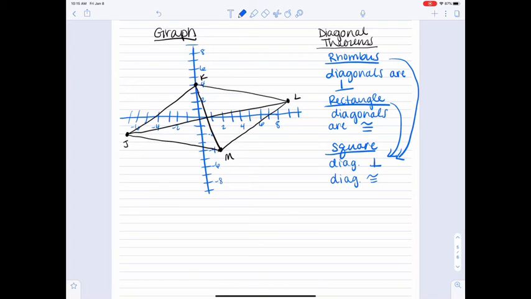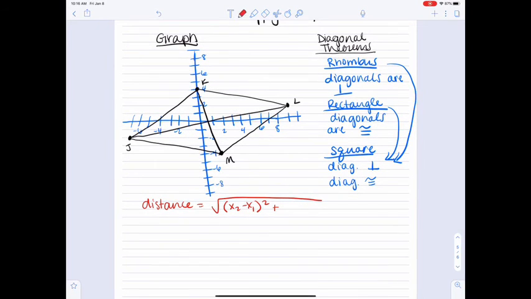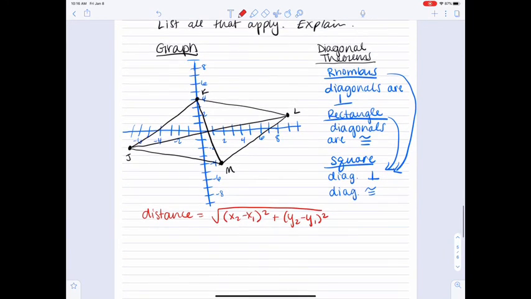Remember the distance formula, I'm going to write it one time right here as a reminder: the square root of x2 minus x1 squared, plus the difference between the y's squared. We're going to do the first diagonal, which is KM. I'm going to do KM first.